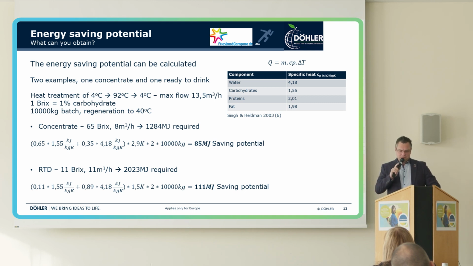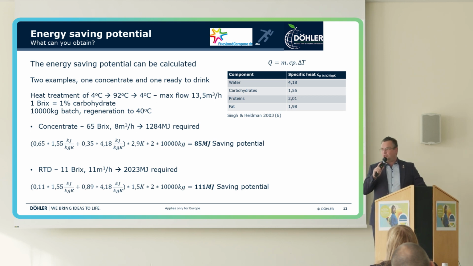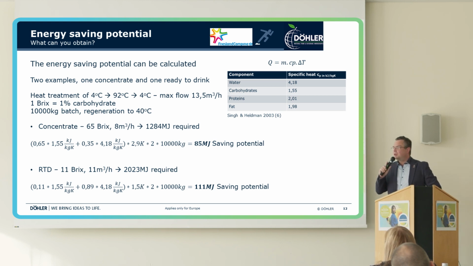In this case, approximately 111 megajoules that you could save if your production speed is slowed down compared to the design of the equipment.